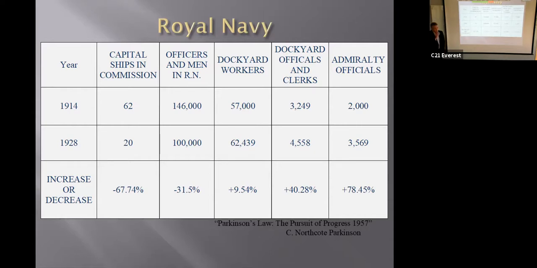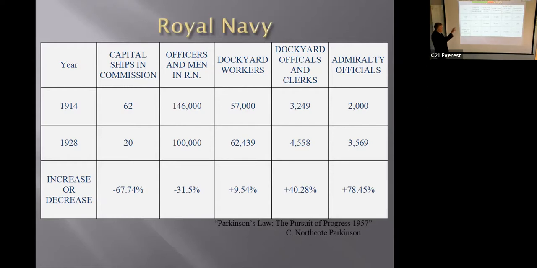Now, occasionally, as I've taught this, people will want to talk about why the number of ships went down. And that doesn't matter. Meaning that's not the point of this, why the ships decreased. But just notice, from 1914 to 1928, the number of ships decreased. And the point we're making doesn't have anything to do with that.